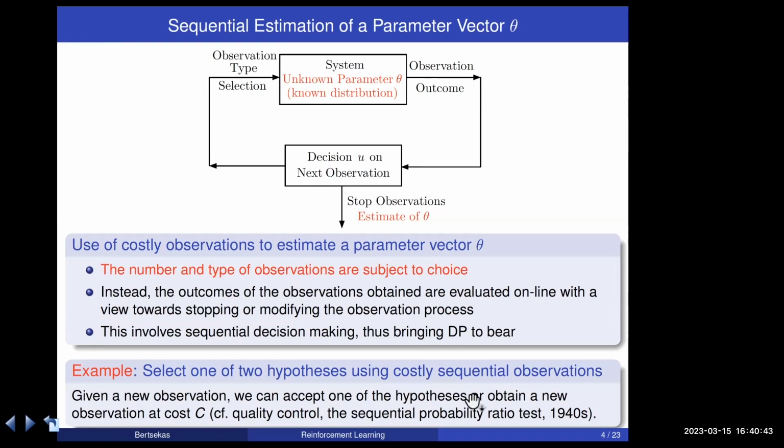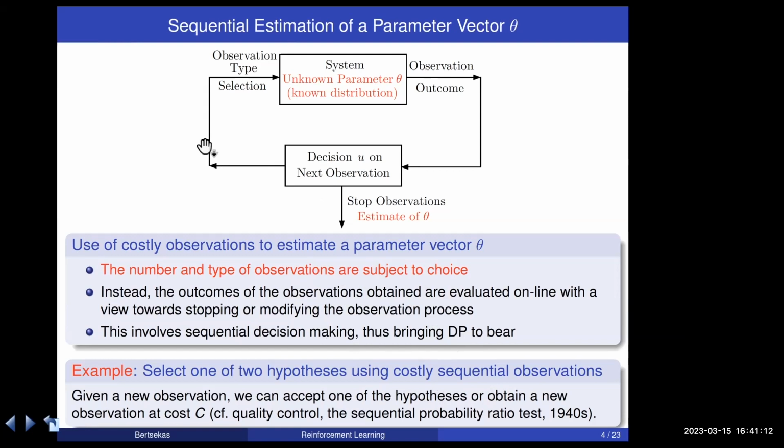Once the probability of one of the hypotheses being true rises above a certain threshold, then you stop the observations there and declare that hypothesis as true. Otherwise, you continue the observations and keep going until at some point, you're almost certain that one of the hypotheses is true, based on the posterior probability.